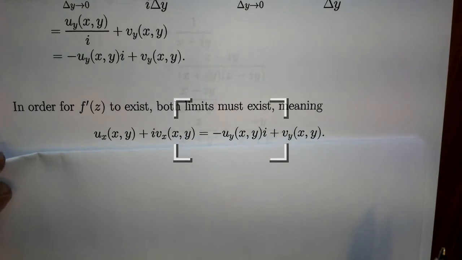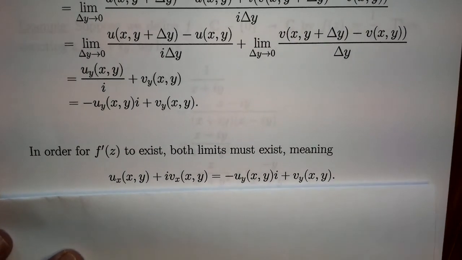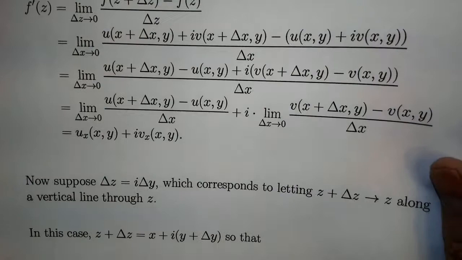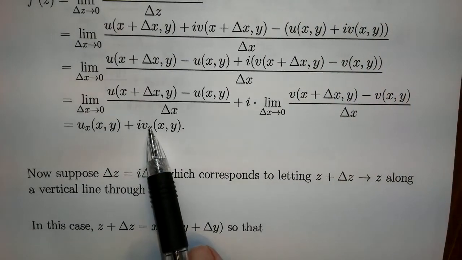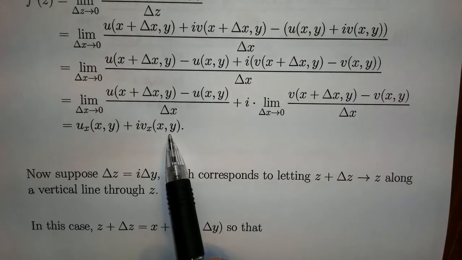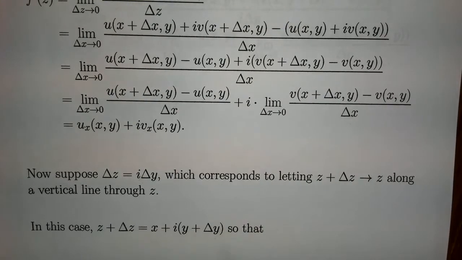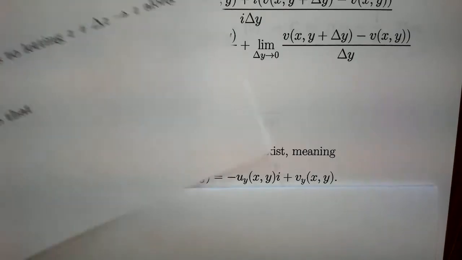Now on the previous page, we used the definition of the derivative to show that f prime of z had to be the partial of u with respect to x plus i times the partial of v with respect to x. That is when we let z plus delta z approach z from the left or the right.